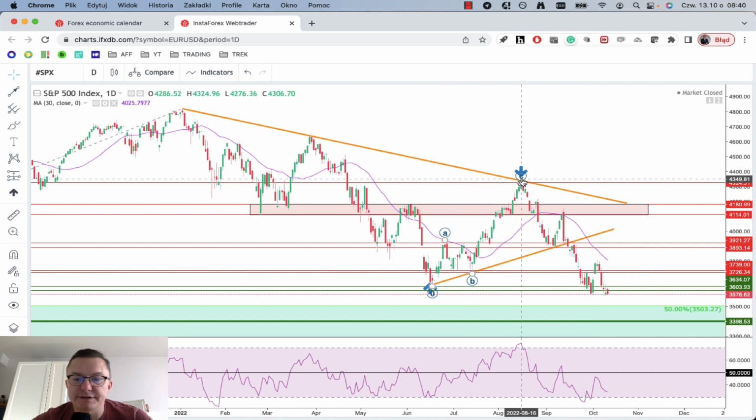That was only an ABC correction to the upside. We are still trading below the 30-day moving average, below the trend line, below the supply zone, and we are approaching key technical supports, which means the US dollar is again poised for another rally to the upside, as the S&P 500 is going lower.